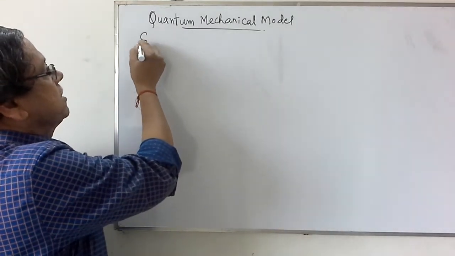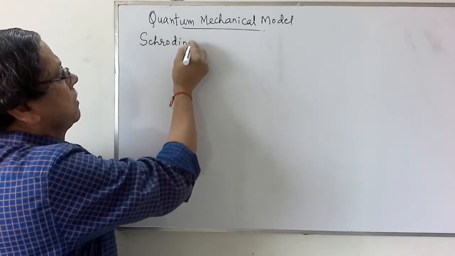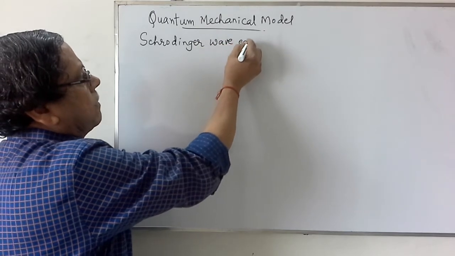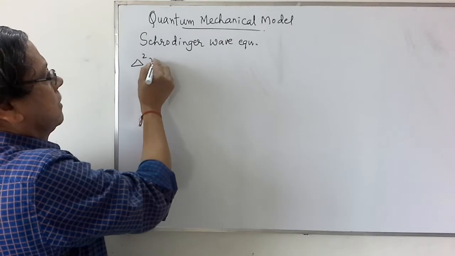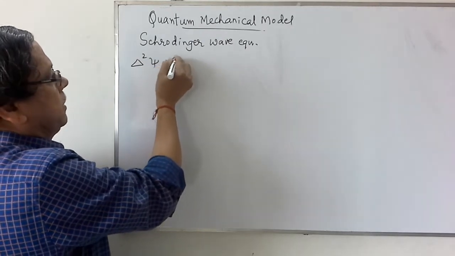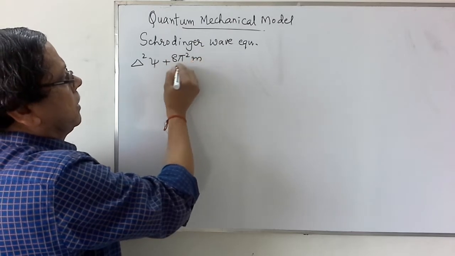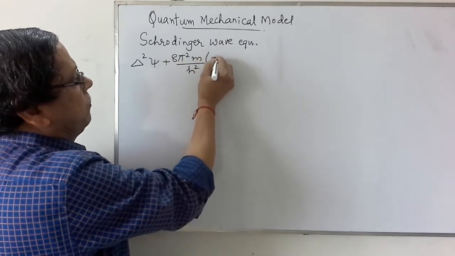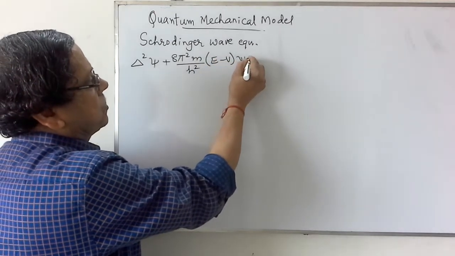So we can write the Schrodinger wave equation as: del square psi plus 8 pi square m divided by h square into E minus V psi is equal to 0.